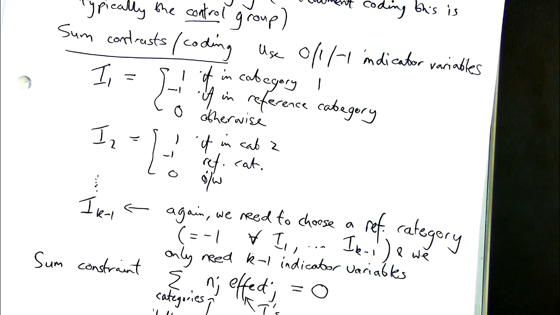But if we've got a balanced design, n_j is the same for all of the different categories, and so we can actually drop out the n quite happily. It comes out the front, and then you divide it into the 0, it disappears.